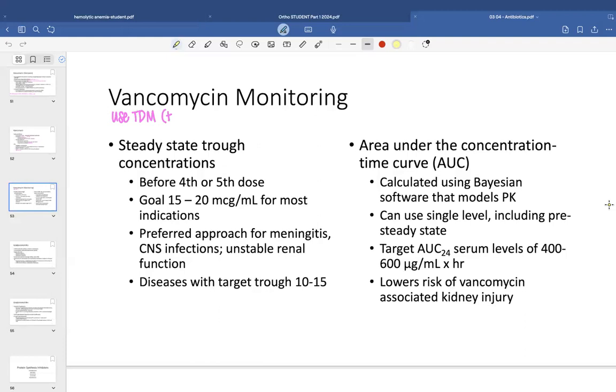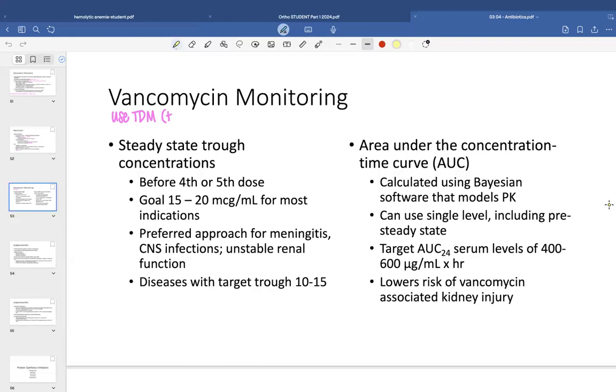The more sophisticated dosing approach uses what's called Bayesian statistical modeling. In my experience, a lot of the EHR software has this dosing software built in. So it will pull from the patient's record their weight, their serum creatinine, and if they've gotten a loading dose in the past, all of that gets integrated.